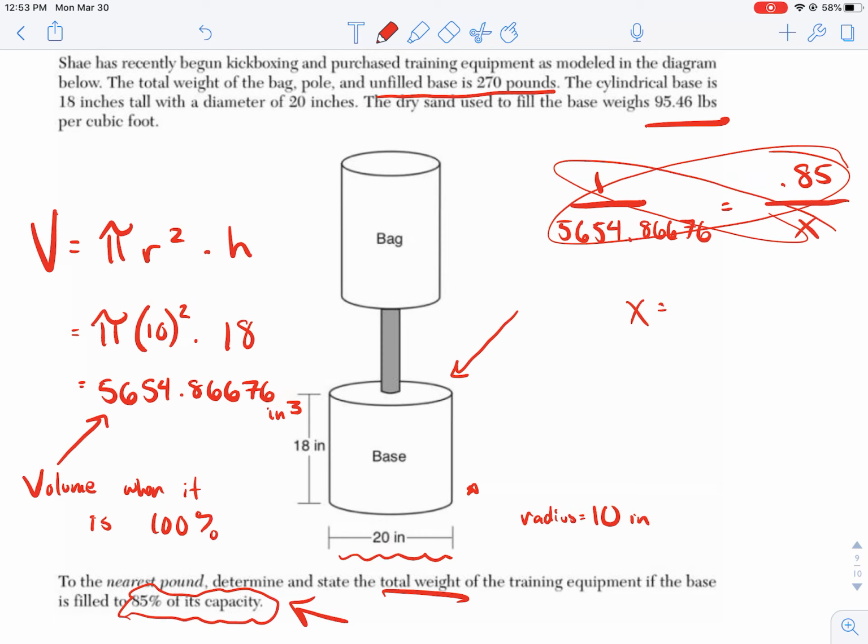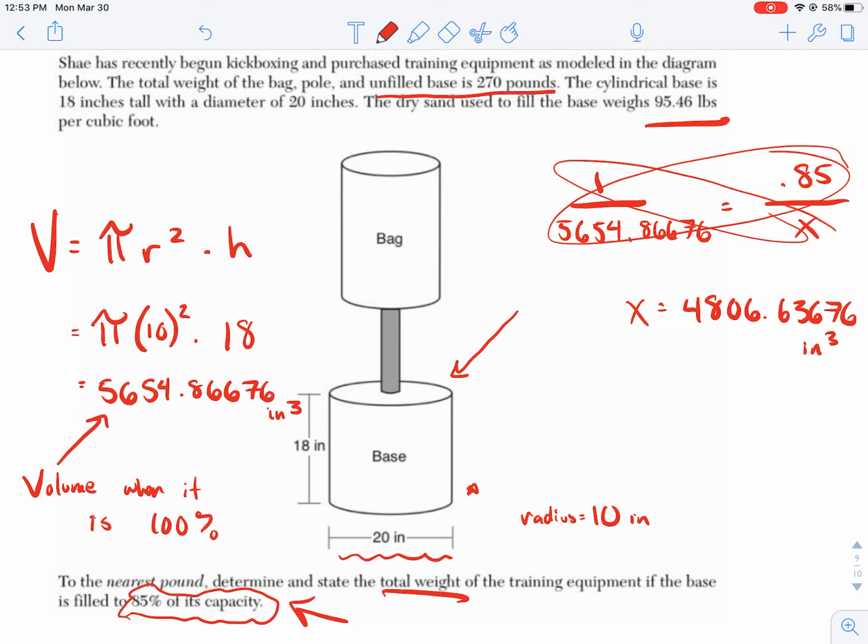So you cross multiply, and you get x is equal to 0.85 times our volume. When the base of the training equipment is at 85% of its capacity, what it's saying is we are at that right there. So this is our volume in inches cubed.